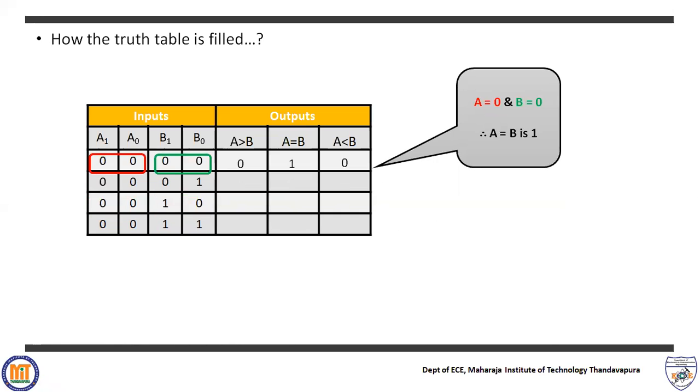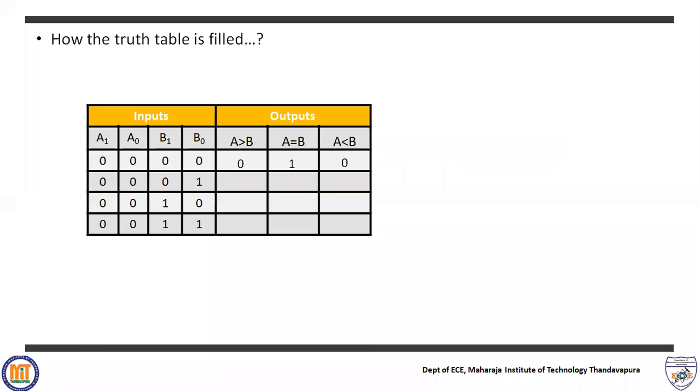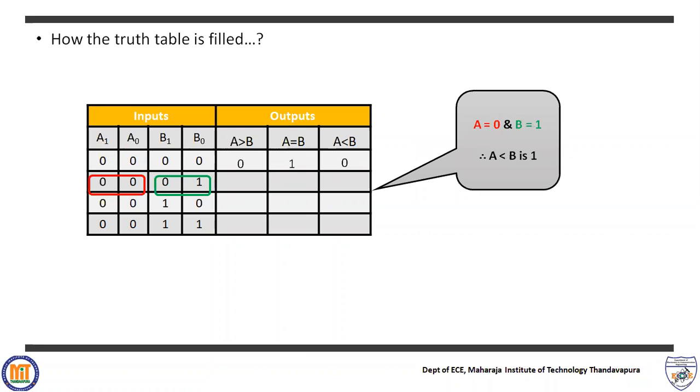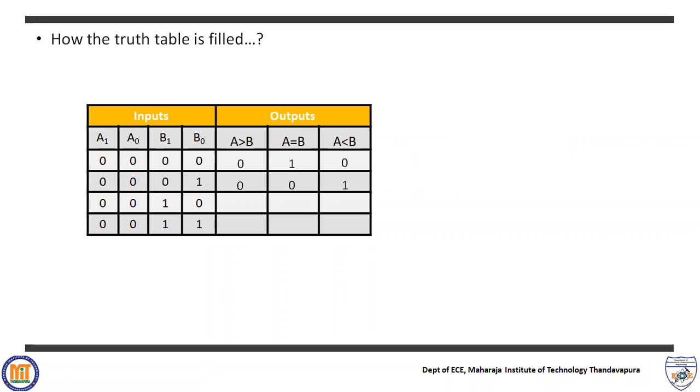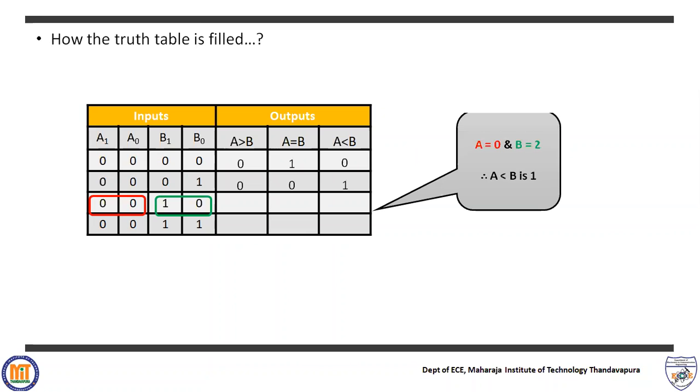So this is the first case, and in the second case A value is 0 and B value is 1. So we have A less than B set to 1. Similarly, if we go for the third condition, A value is 0 and B value is 2.